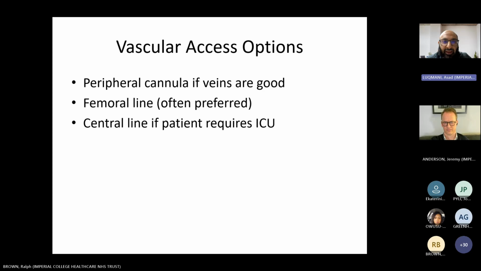Sometimes they receive neck lines as well. So if the IV access is very challenging, we often get the anaesthetist involved to help us with cannulation and IV access. Next slide.